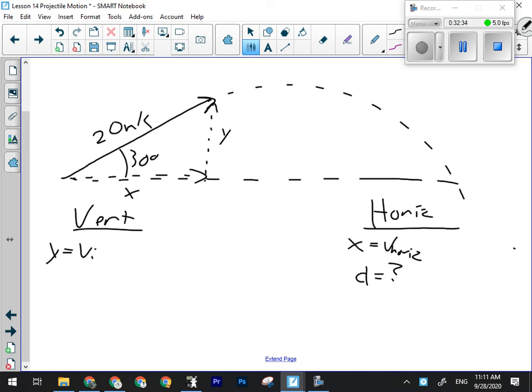Well, if I know this number and the angle, so actually two numbers, I can find its y component, which will represent this. I can find its x component, which will represent this, and I actually do have a few more numbers. I would also know what vertically. I'd also know that. Here's the other thing I know. I'm not actually going to solve this because I don't want to really get into that today. But here's the other thing I would know.